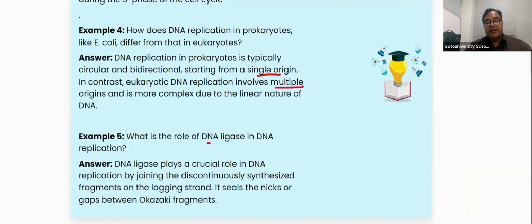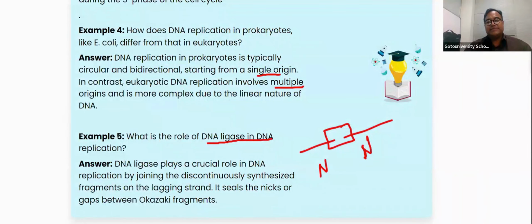What is the role of DNA ligase in DNA replication? The DNA ligase establishes the bond between the two nucleotides. The bond is called the phosphodiester bond.